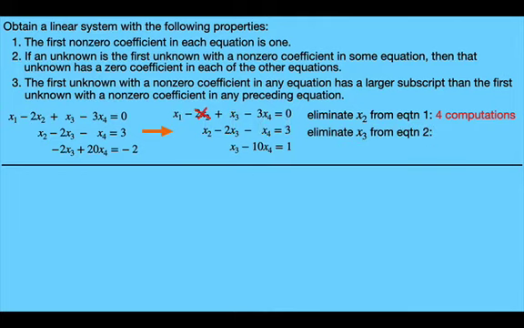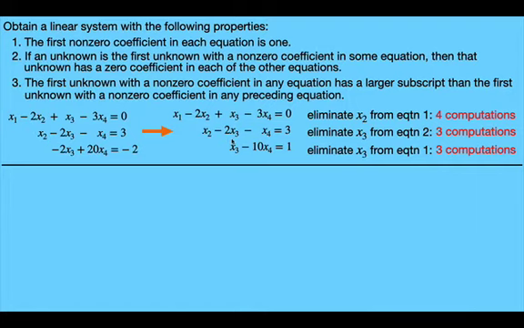And so then we would want to eliminate the x sub 3 term from the second equation, which would take 3 computations, because we would use this x sub 3 term to eliminate the x sub 3 term above it, meaning we would need to replace the second equation with the sum of itself and 2 times the third equation. So we would have a computation here, here, and here, which gives us our 3 computations, and then similarly for the x sub 3 term above, we would have 3 computations, 1 here, here, and here. So that would be a total of 10 computations.